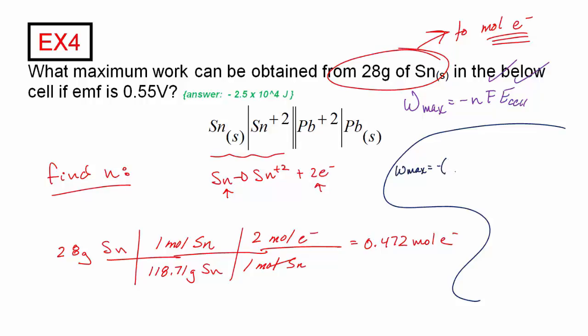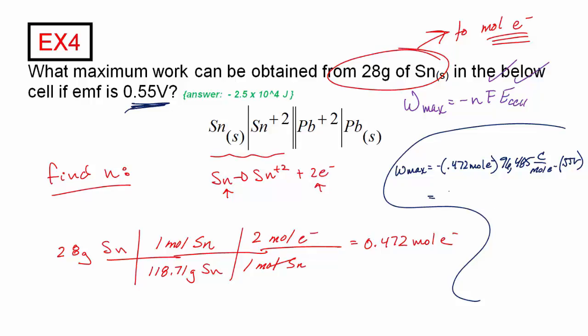Minus n, 0.472 moles of electrons, times F, 96,485 coulombs per mole of electrons, times my E cell, 0.55 volts. All right, that's my E cell.